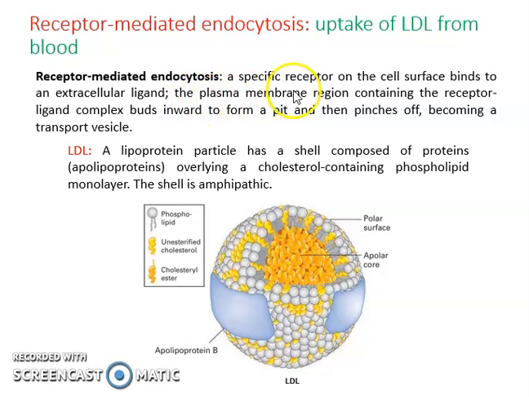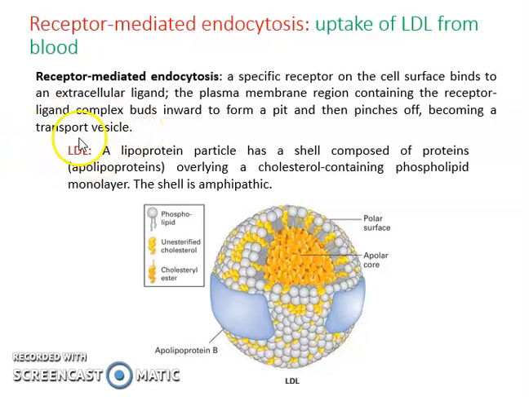Then the plasma membrane region containing the receptor-ligand complex will bud inward. The membrane invaginates to form a pit and then pinches off, becoming a transport vesicle.